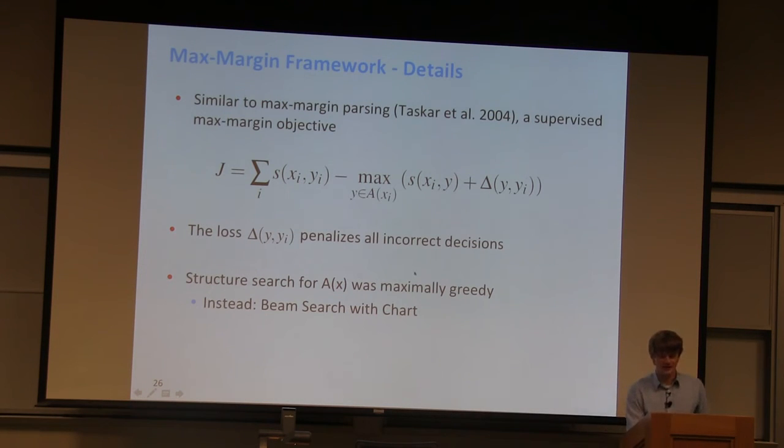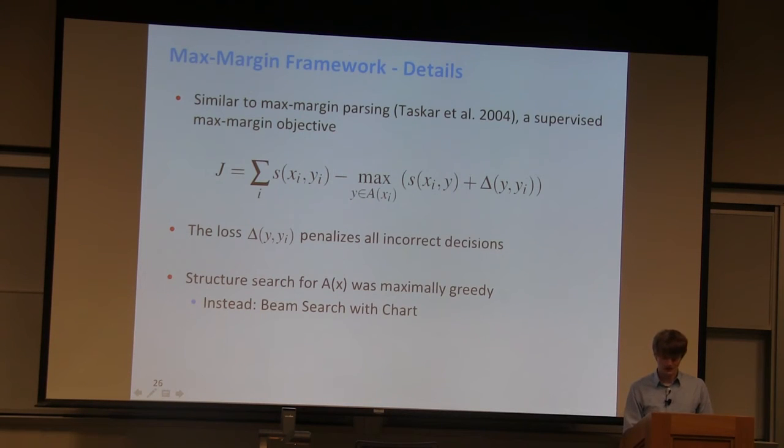Now, of course, A of x, this set, is exponential. It is a very, very large number of trees. You have millions of possible trees, even for sentences of just length 40 or so. And so really what we're going to do here usually is a smarter search, often a beam search with a chart that tries to find the best tree.